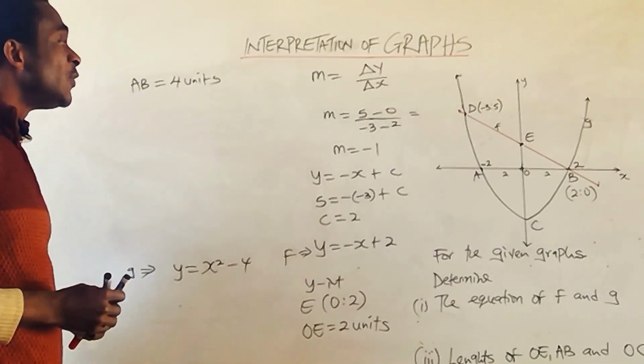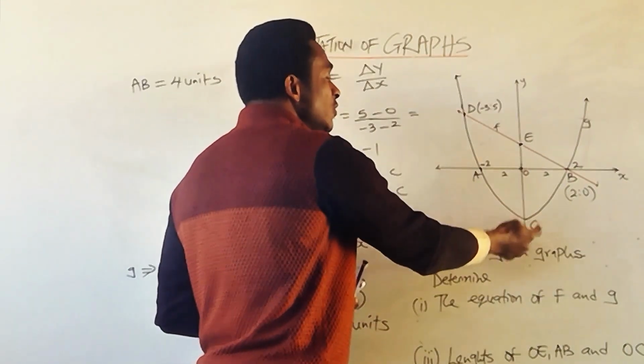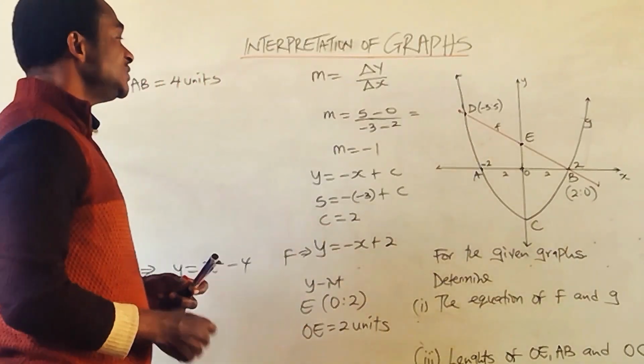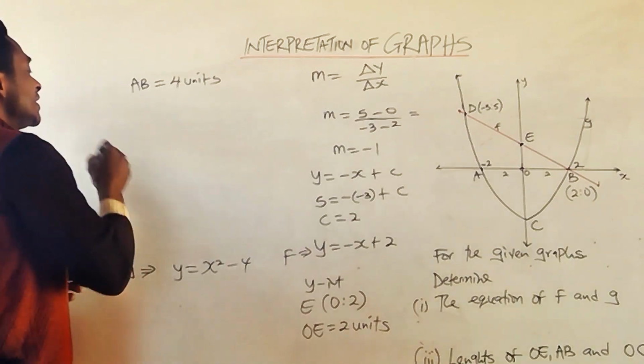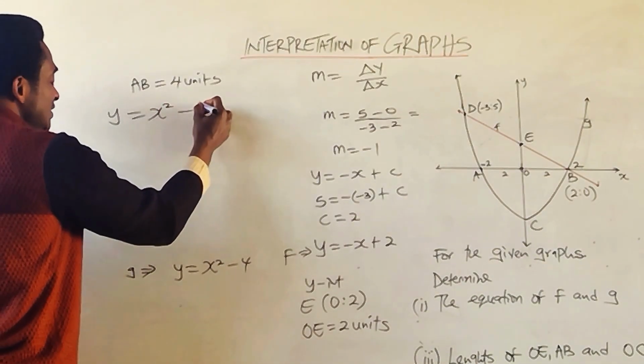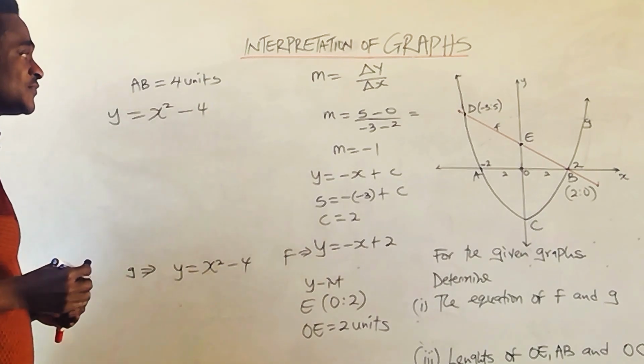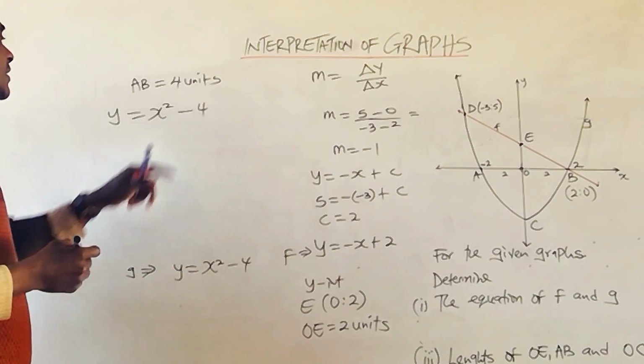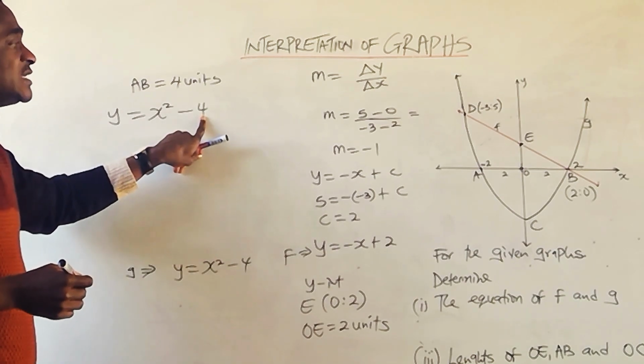And then the last, they want us to get the length of OC. First of all, we need to get the coordinates of C. The equation of that parabolic function is x squared minus 4, where negative 4 represents our q.